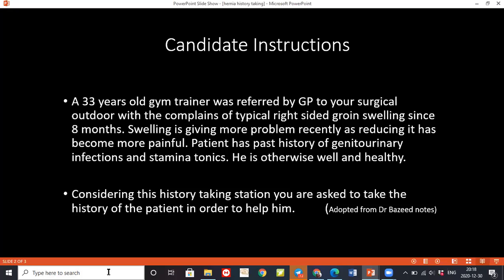Okay. I'm sorry, I'm not really sure. I know the question says that he has past history of genitourinary infections, but this time I adopted from Dr. Wazir's notes. So I'm saying, there you can read on page 96.